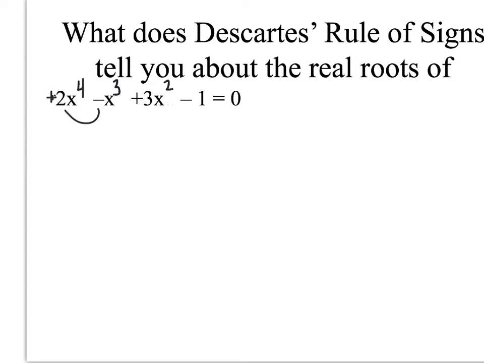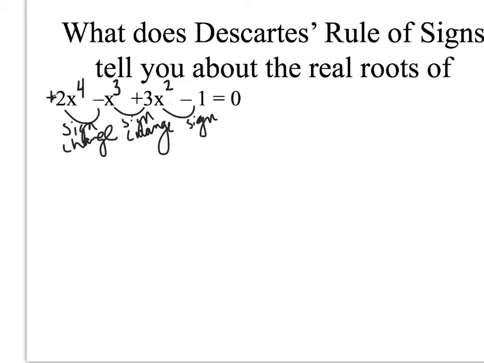So from here to here is one sign change. From this term to this term is another sign change. And from the third term to the fourth term is yet another one.